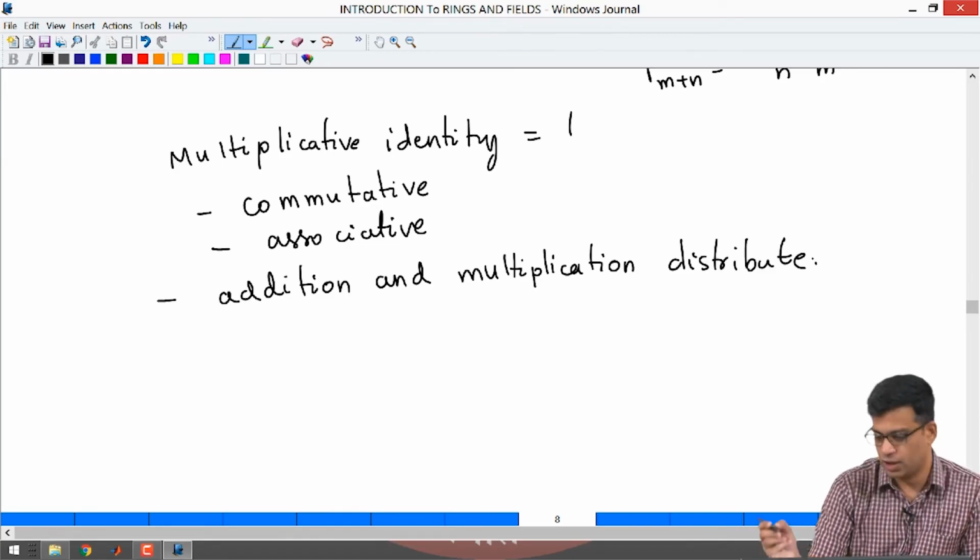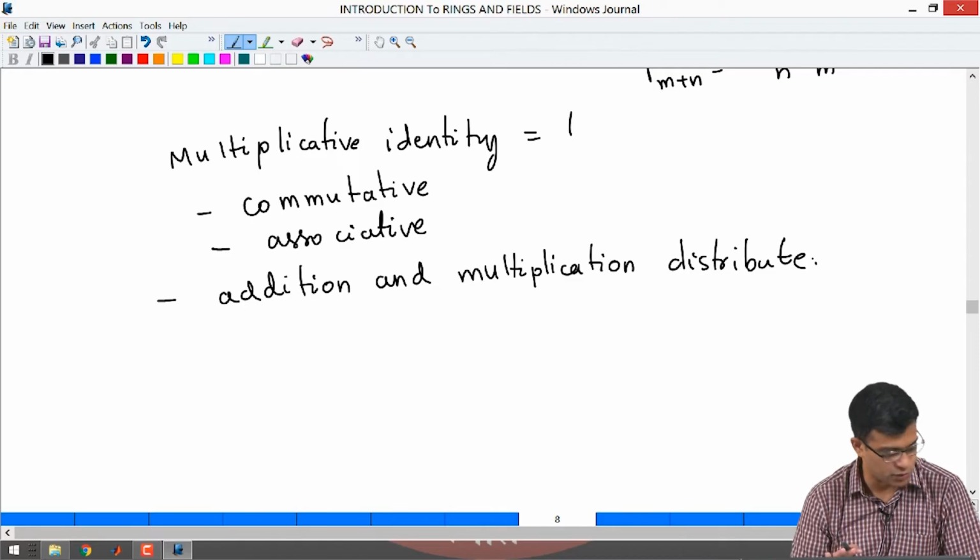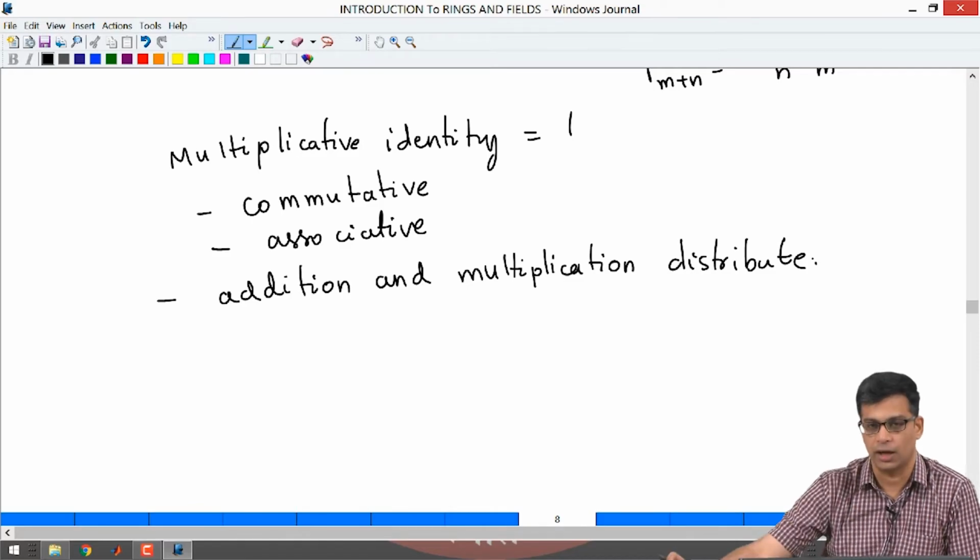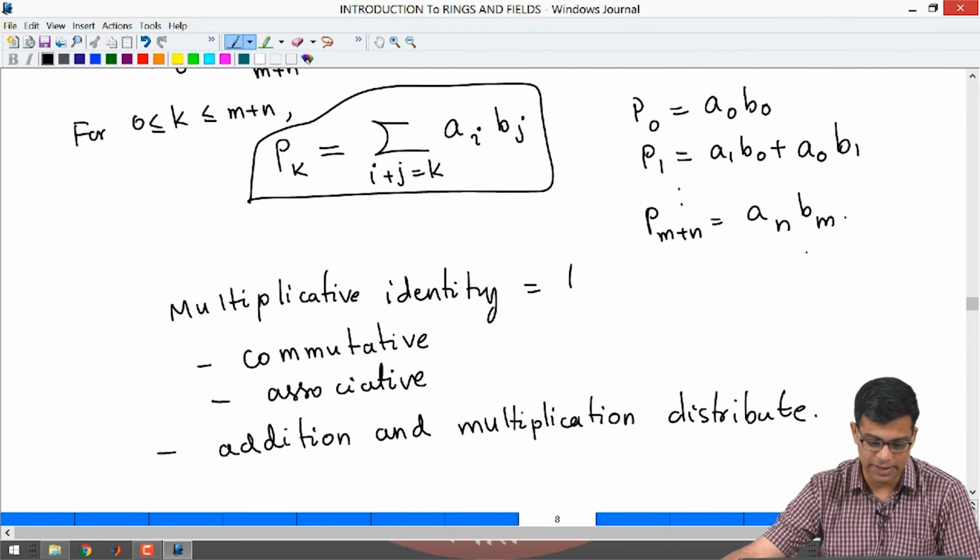This is also again ultimately because addition and multiplication distribute in the ring R. So, they distribute in the set R[x] also.